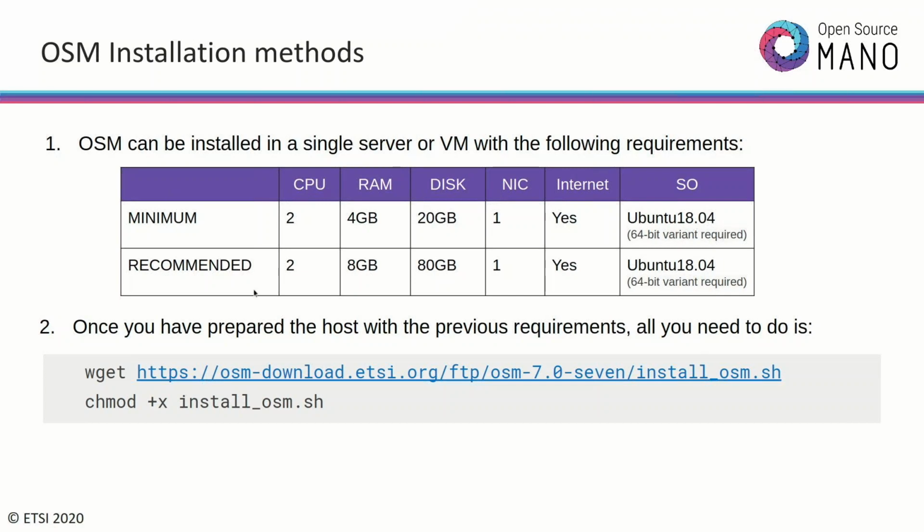And we have another option that is the recommended option, that is using a VM with 2 CPUs, 8 gigabytes of RAM, 80 gigabytes of disk, and 1 NIC with internet access, and also using the operating system Ubuntu Bionic.